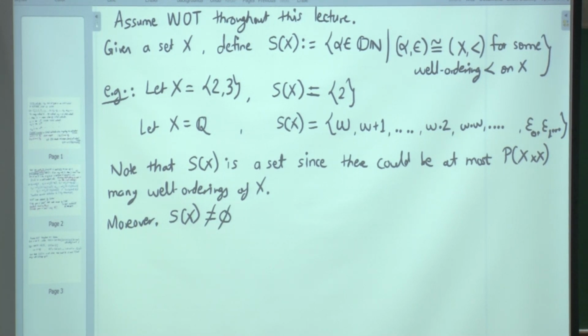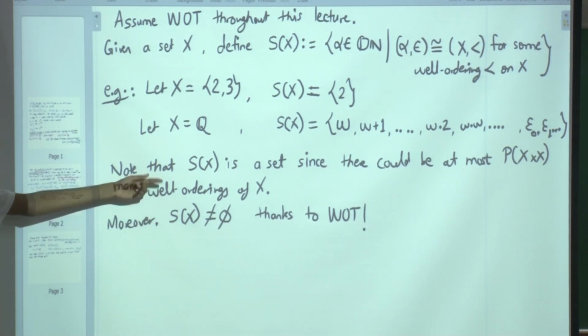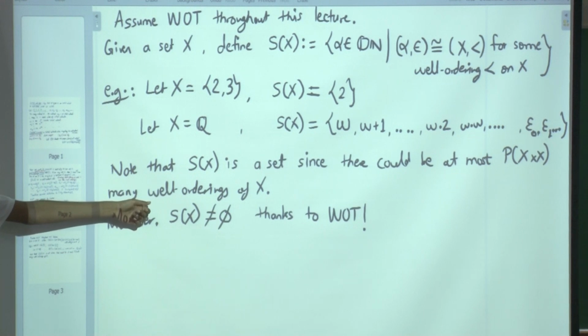Sx is non-empty, thanks to the well ordering theorem. The well ordering theorem says that there is at least one well ordering, so therefore Sx is non-empty. Now what happened? The answer is in front of you.